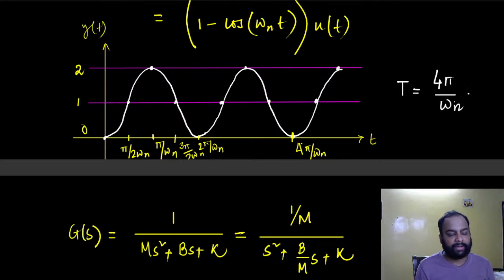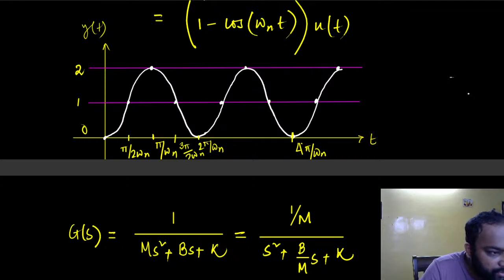Or is it so? Oh, sorry. One complete oscillation is this one. It starts from 0, goes to 2, and then comes back to 0. So this is one complete oscillation.